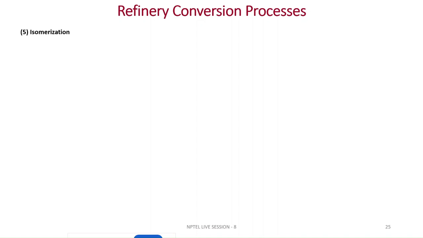So the next refinery conversion process is the isomerization process. Here catalytic isomerization is occurring of the normal paraffins.